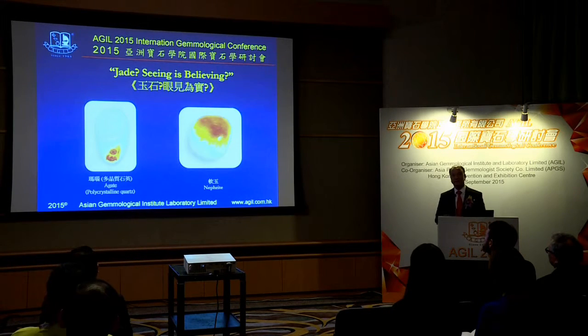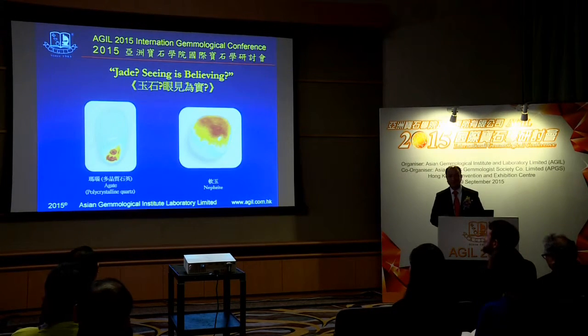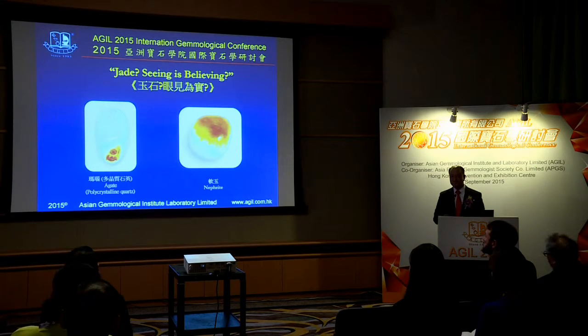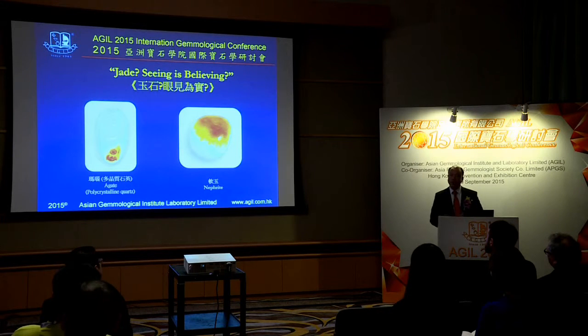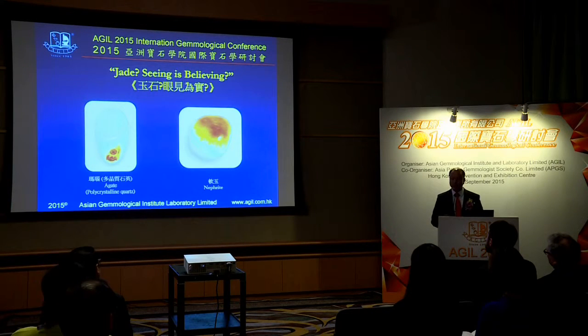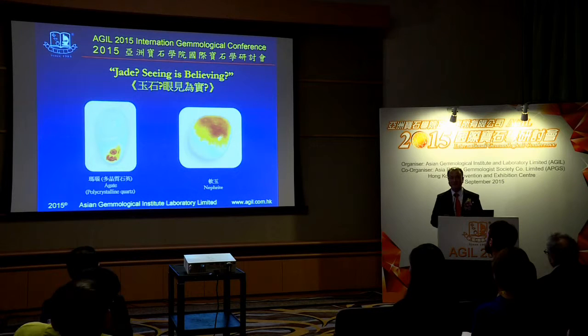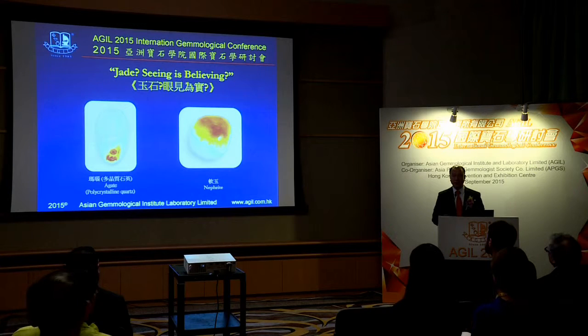So we mostly buy and sell the secondary deposit of nephrite.